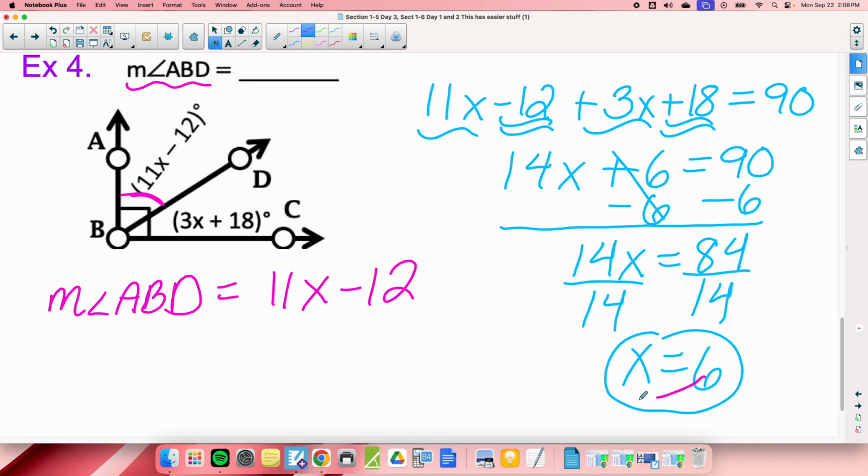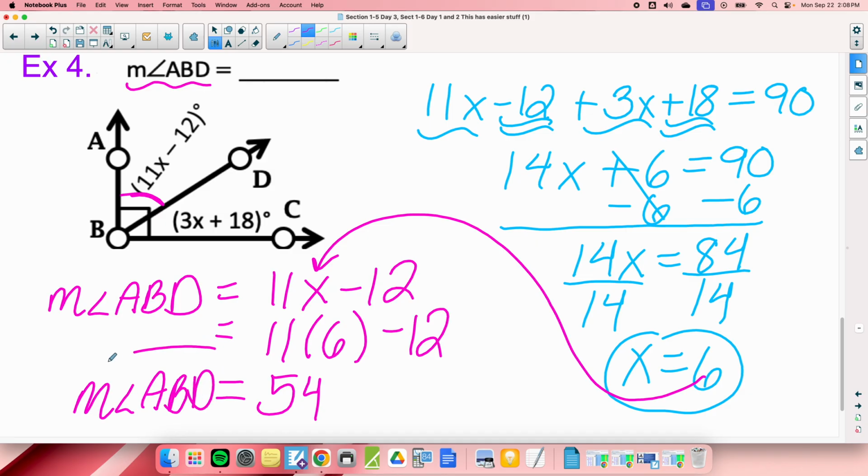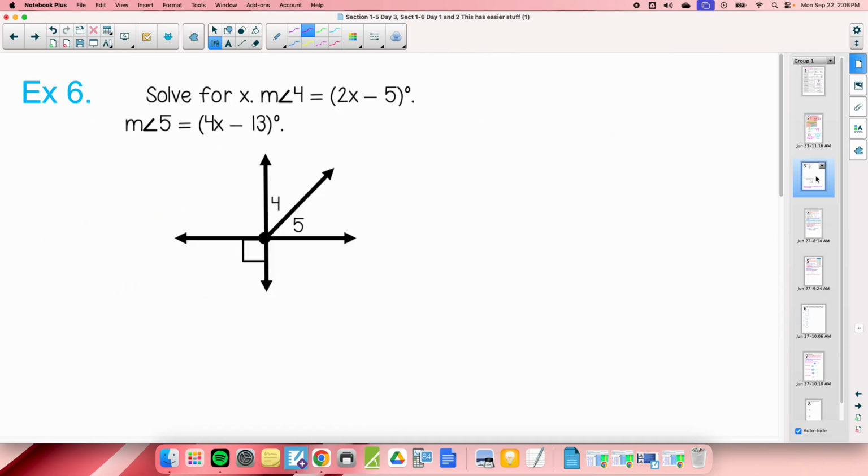And now I'm going to take this 6 and put it in there. 11 times 6 is 66 minus 12 is 54. Very good. Thank you, Carson. So the measure of angle ABD is 54. Okay? All right. Now let's go to this page.